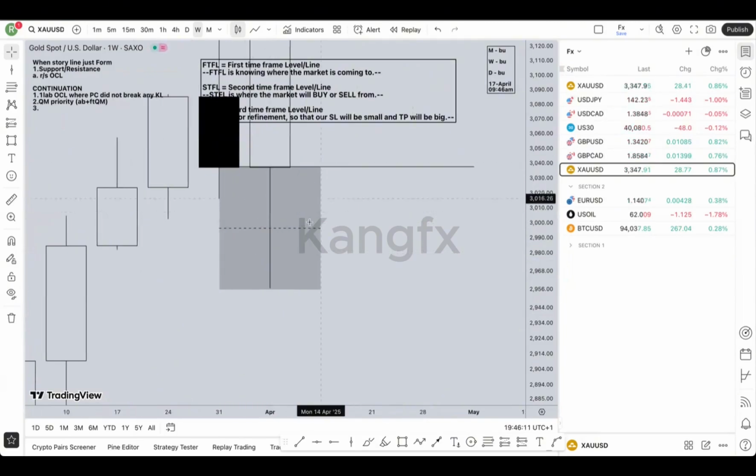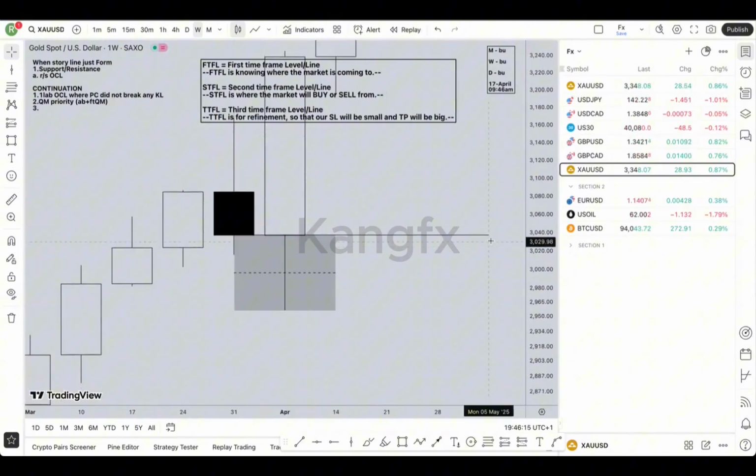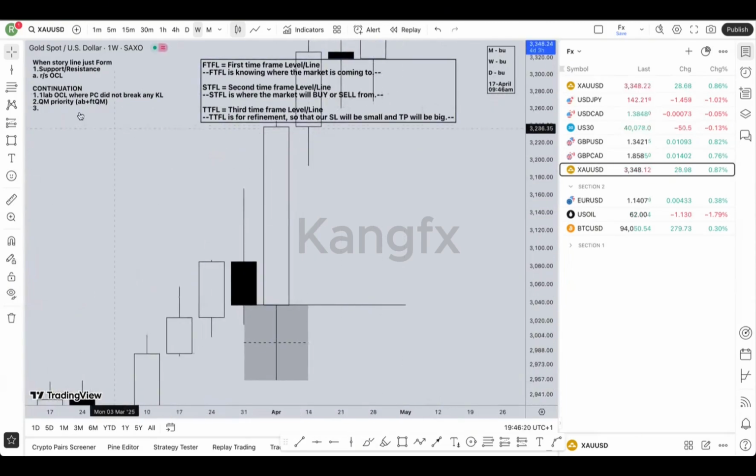After marking this, this is a weekly time frame. When we are marking, if our FTFL is on weekly, let me write that out.